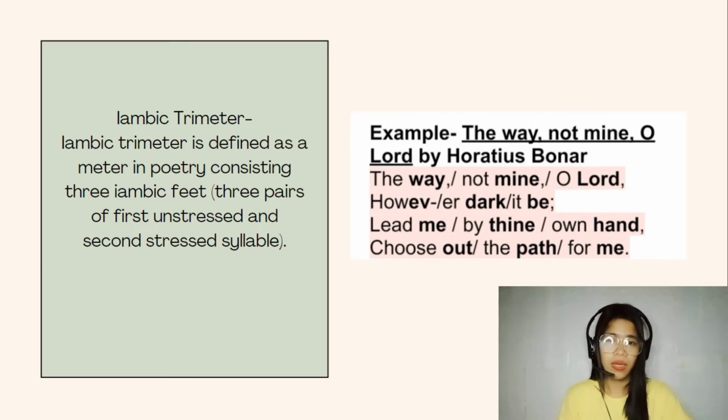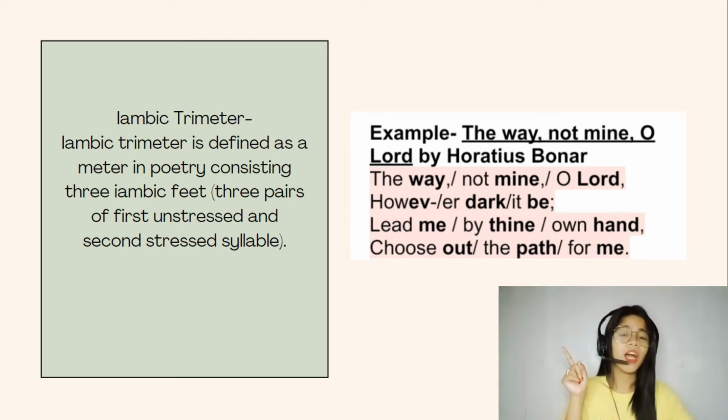So here, the way, that's first, not mine, second, and O Lord is the third in line 1. For line 2, we have however, that's the first unstressed, and then dark is the second, and then it be is the third.